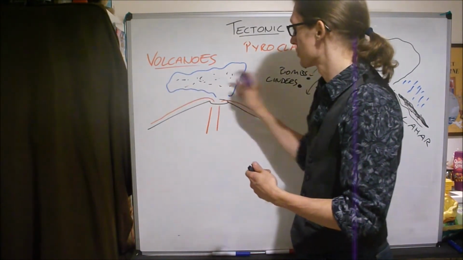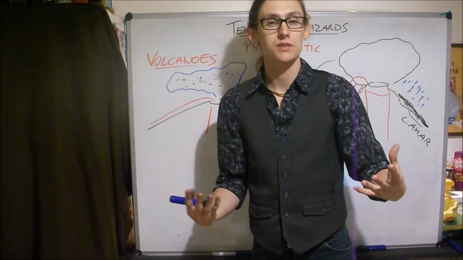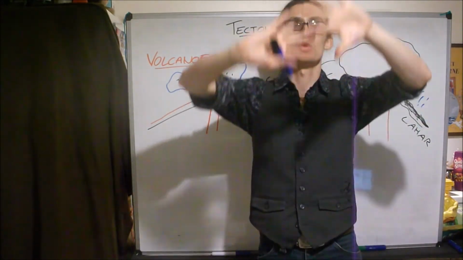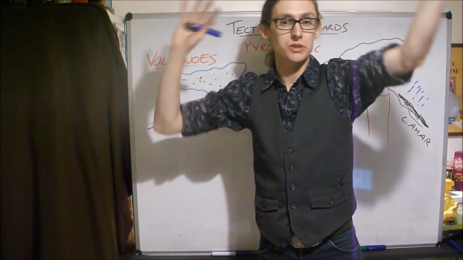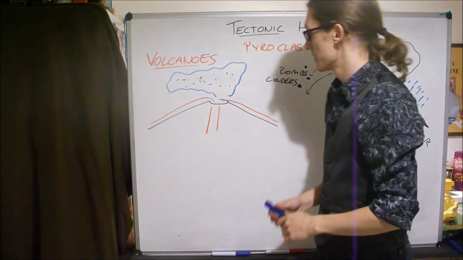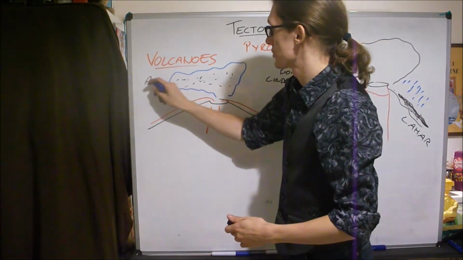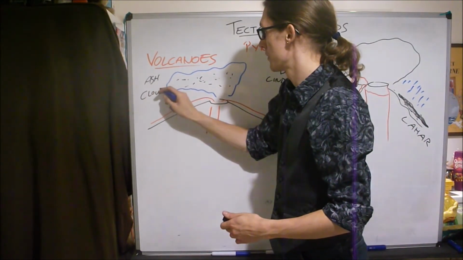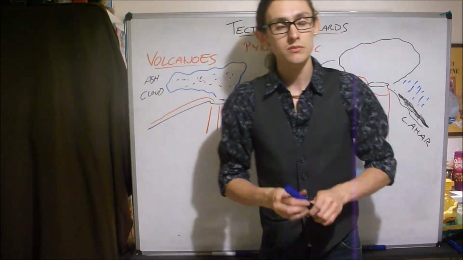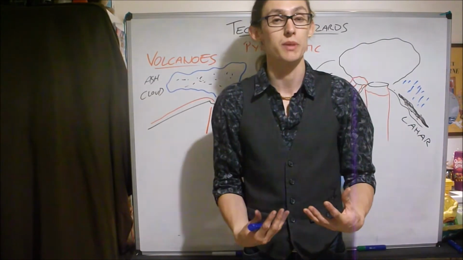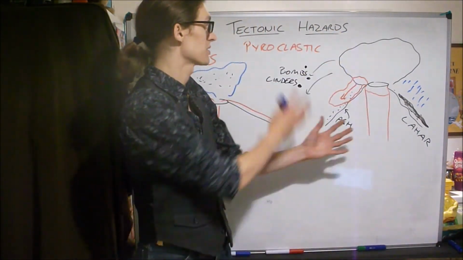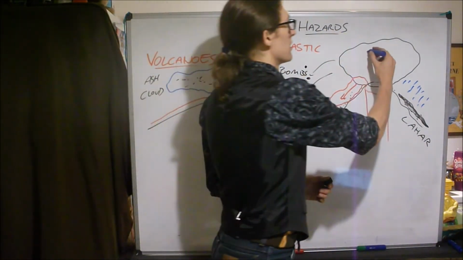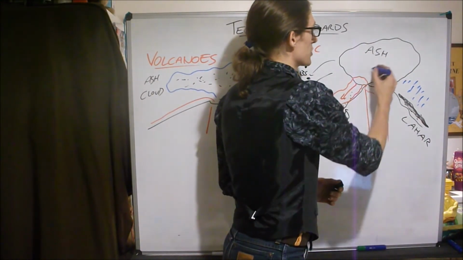And this was what got into the atmosphere and interfered with flights and things, because it got right up into the upper atmosphere and created a huge cloud. So ash clouds can be a secondary hazard from a divergent boundary, but they can also be a secondary hazard from a convergent boundary.